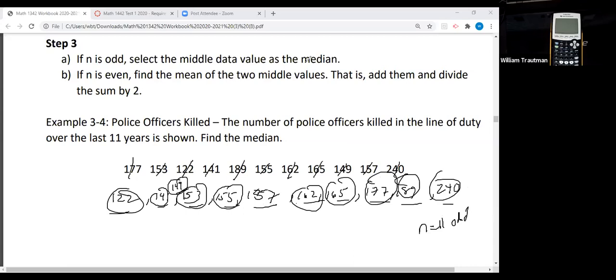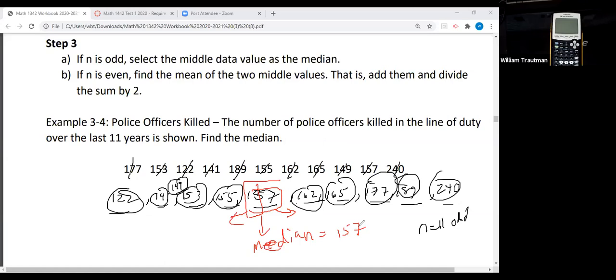Do you see there are 5 numbers smaller than 157? And there are 5 numbers larger than 157. 157 is the middle piece of data. That is our median. Median equals 157. Okay? So our median is 157.